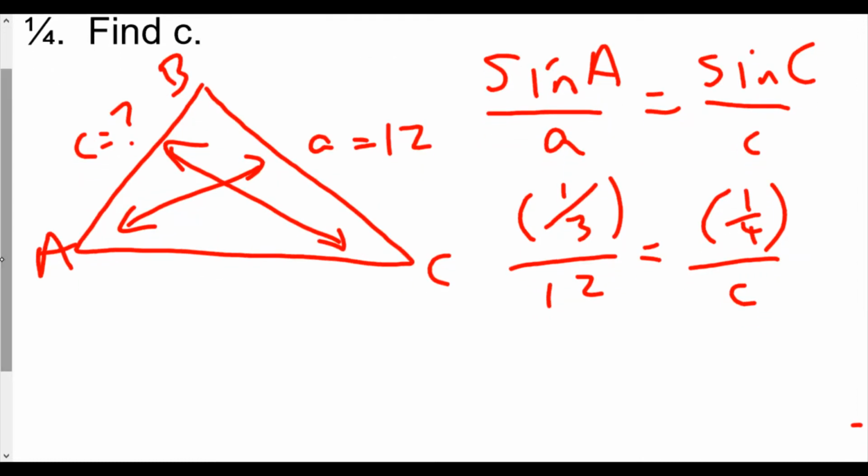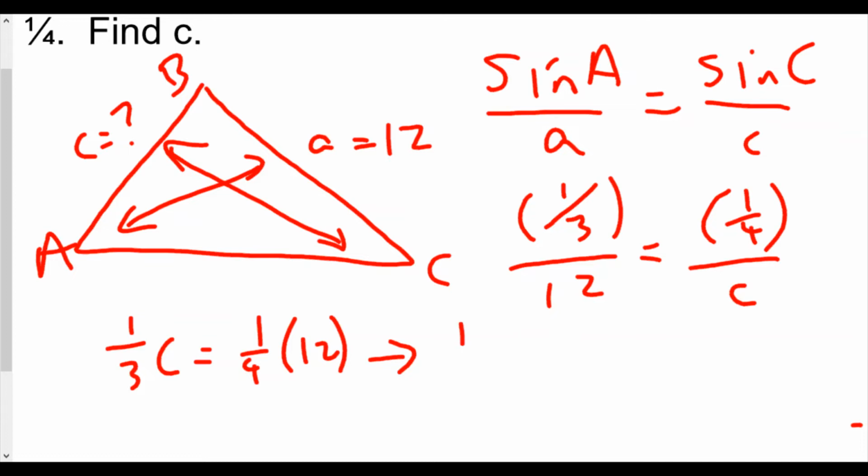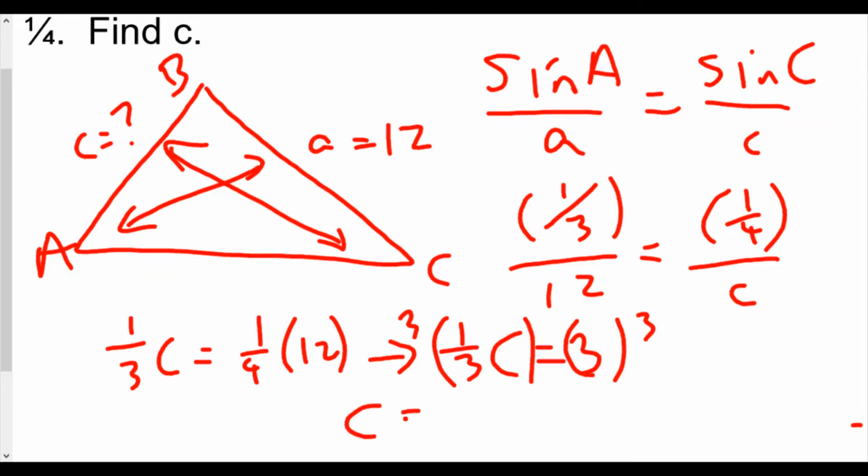We get 1/3 times c is equal to 1/4 times 12, and 1/4 times 12 is 3. So 1/3 times c is equal to 3. To find c, we multiply both sides by 3, and our value for the side c is 9.